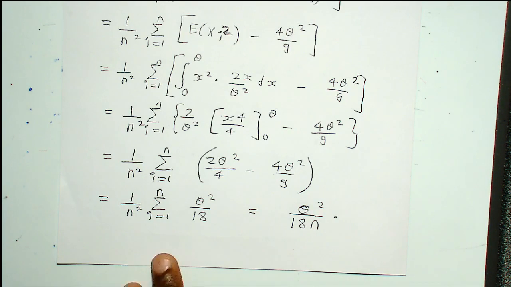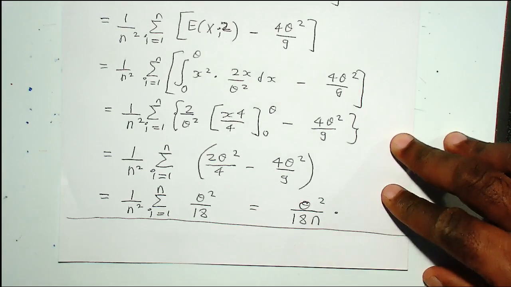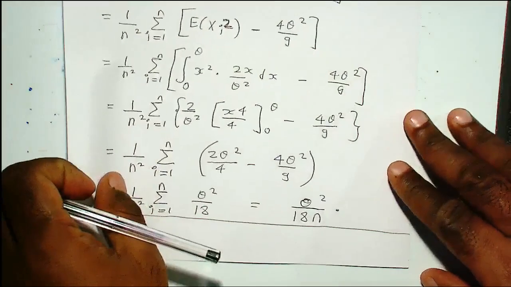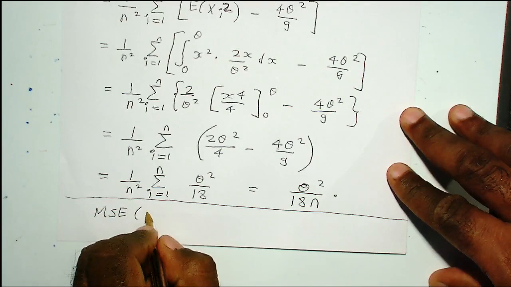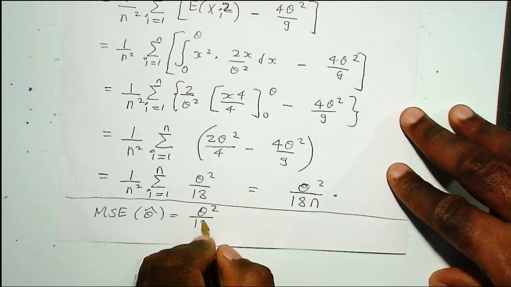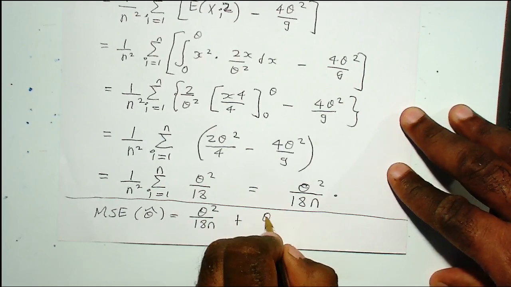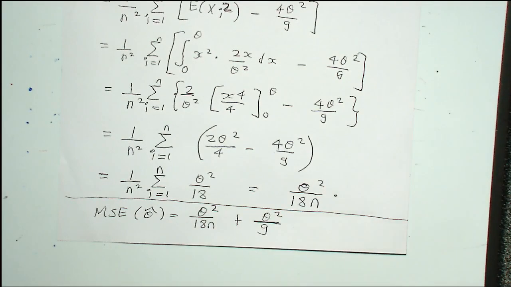So in conclusion, let me put a cross here. The MSE of theta hat will be equal to theta squared over 18n plus theta squared by 9. Right?